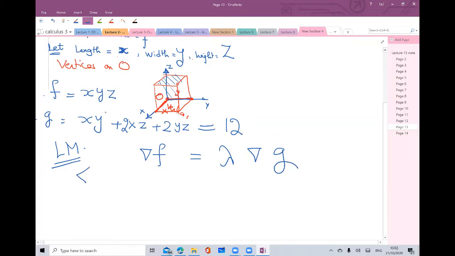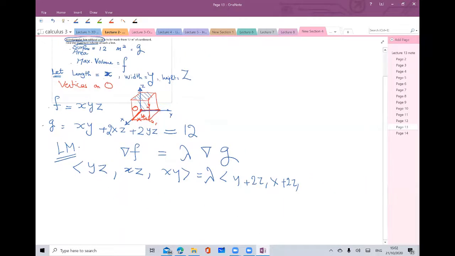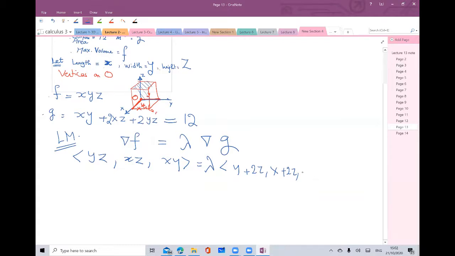So I will have yz, xz and xy equal to lambda times (y plus 2z), and so on, (x plus 2z), and here in the end you have 2x plus 2y. Okay, you get your equations: yz equals lambda times (y plus 2z), and so on.